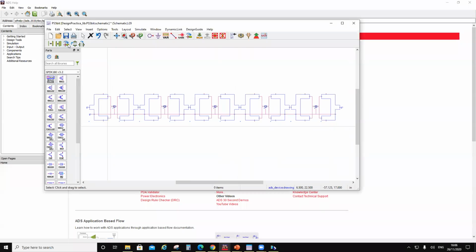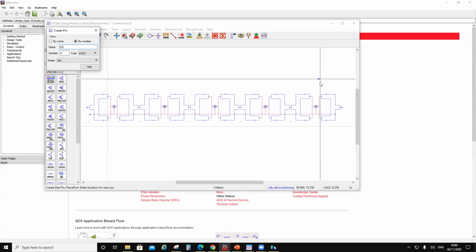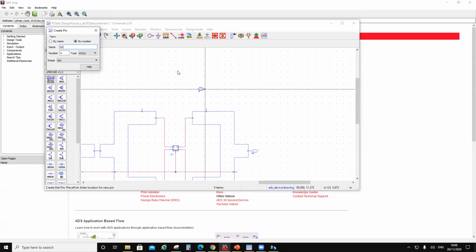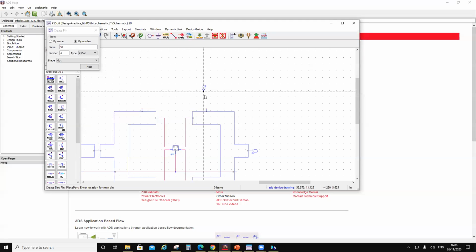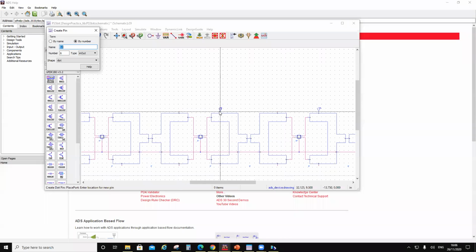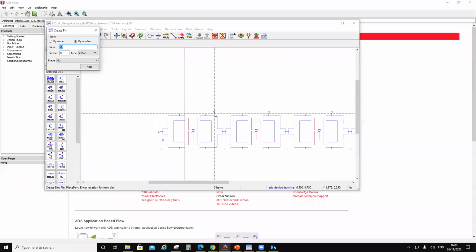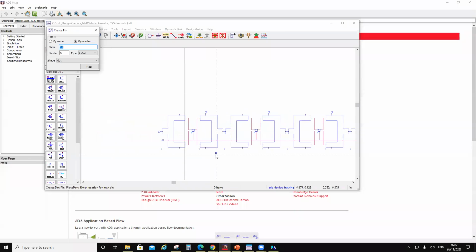Now what about the pins? So S0, S1, S2 and onwards, right? So you have S0, which is the LSB. So this is S0. Next, this is going to be S1. Next, this is going to be S2. Next, it is going to be S3. And next, it is going to be S4. And then SB0.